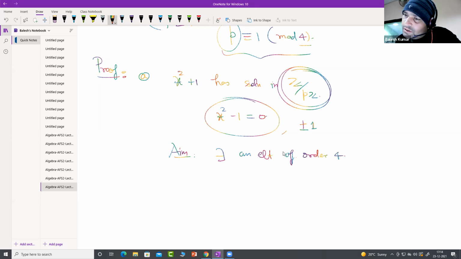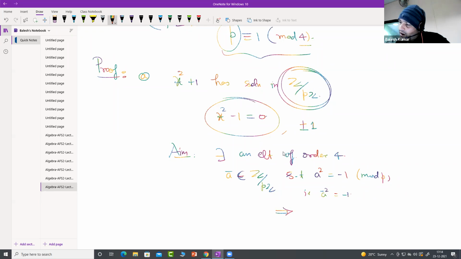That's obvious, because suppose a bar belongs to Z mod pZ such that a square is minus 1 mod p, that means a bar square is minus 1. And so this implies that the order of a will be 4, because a bar to the power 4 will be exactly equal to 1, and no lesser power will give 1, which one can check. And so therefore the order of this element a is 4.